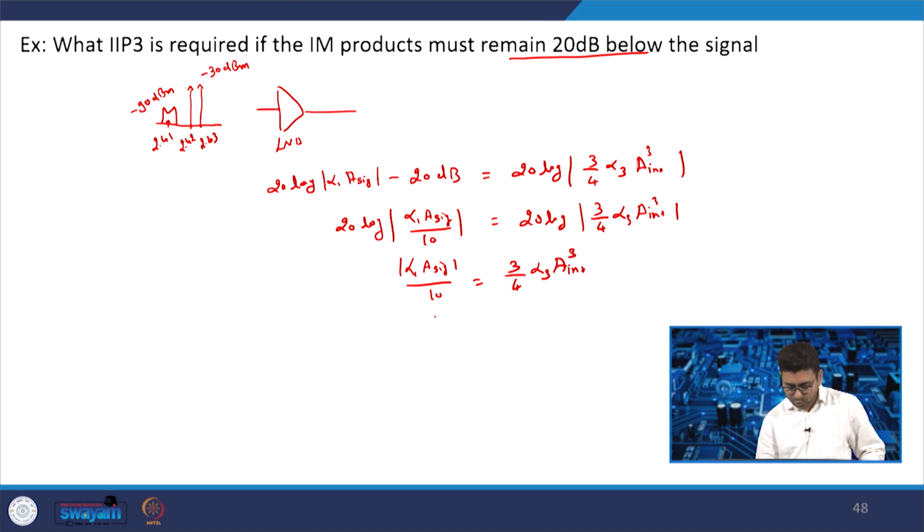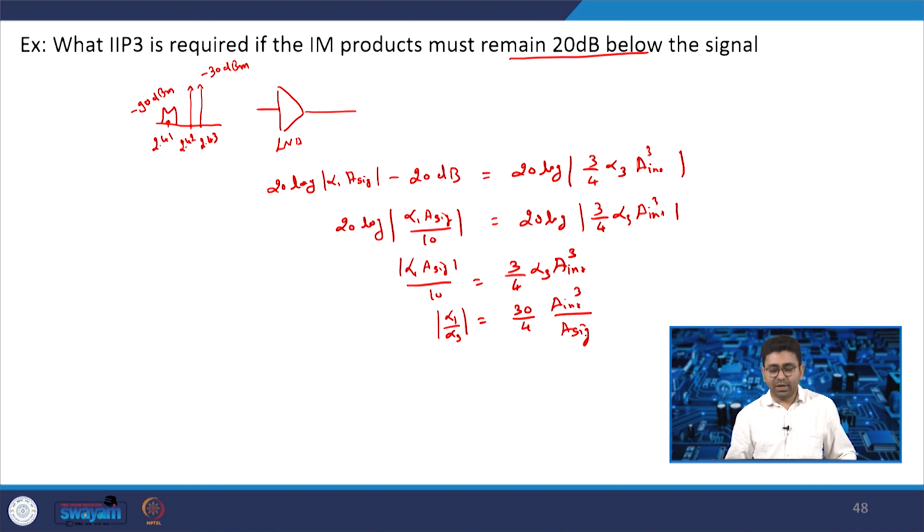So, you can write, we are interested to find alpha 1 by alpha 3, which is equal to 30 by 4 A interferer cube by A signal. So, what you require is the amplitude of the interferer and the amplitude of the signal in order to get alpha 1 by alpha 3.